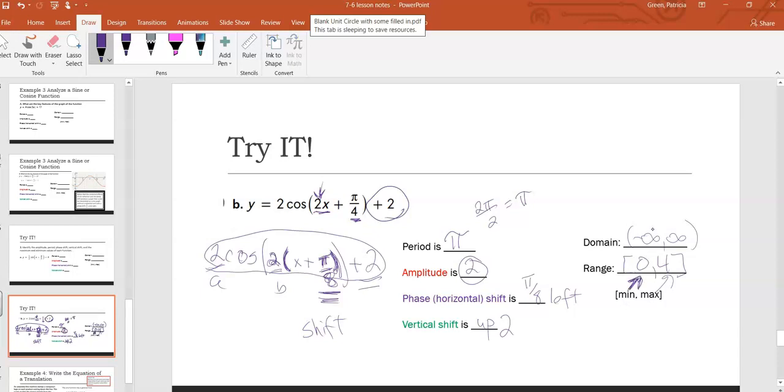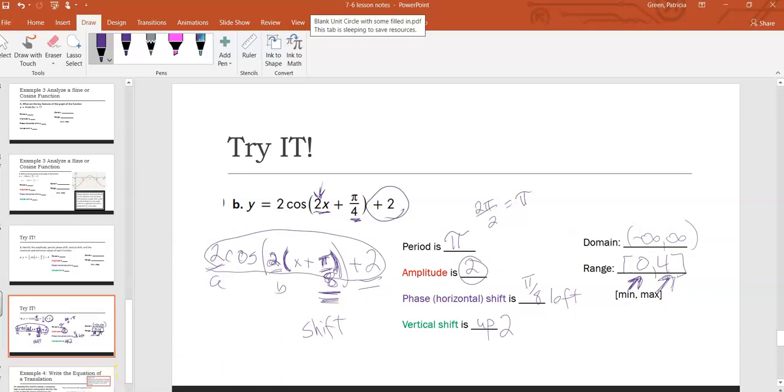And then my maximum, the largest cosine could be, or the x coordinate could ever be, is 1, and that happens straight up at 0 degrees, when that whole thing is 0 inside. So the cosine of 0 is 1, and 2 times 1 is 2, plus 2 is 4. All right, so hopefully you got that correct.